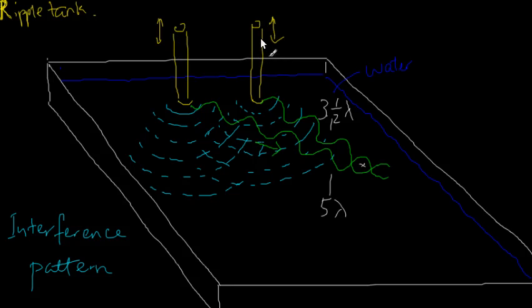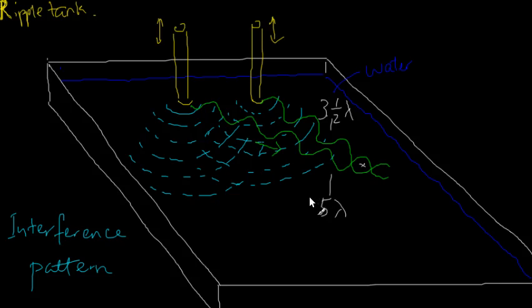So they are synchronized, they are doing it together. And if they're doing it together, I will always have, say at this point, the displacement being opposite, as I described just now, and the resulting displacement here will be 0.